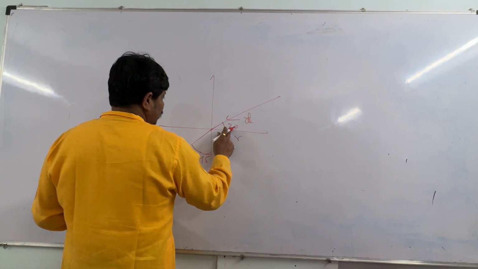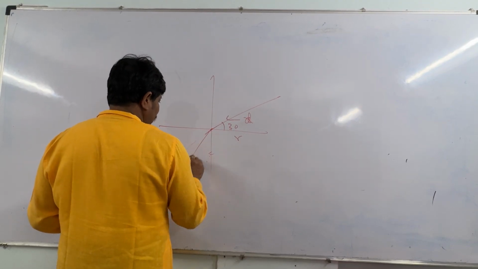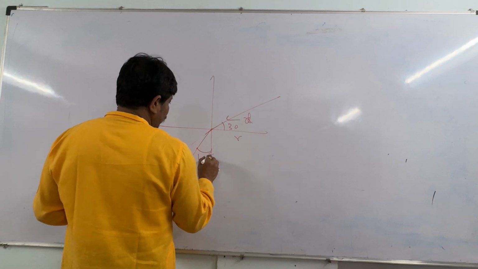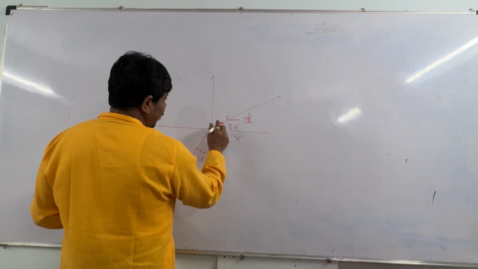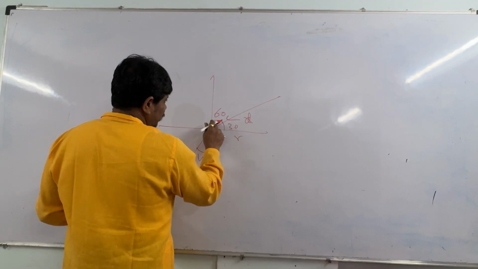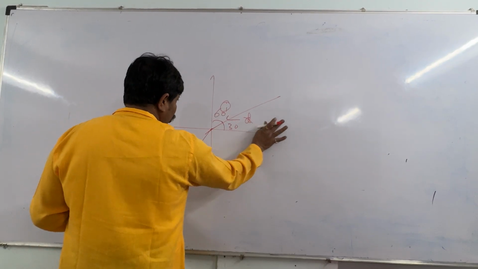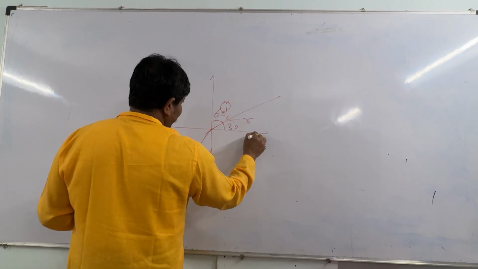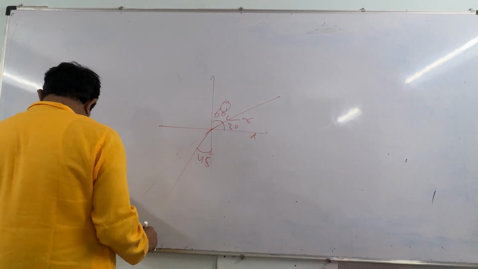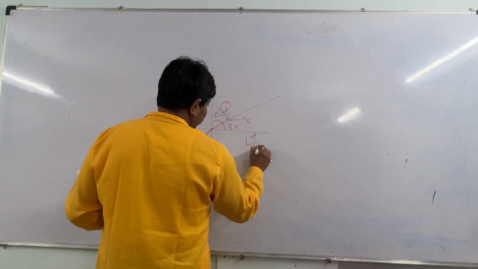This is a 30 degree and this is a 45 degree. Now if this is 30 degree, then 90 minus 30 is 60 degree. This is the angle of incidence. The question is very tricky. So you need to understand this is the rare medium and this is the denser medium. This is the liquid.